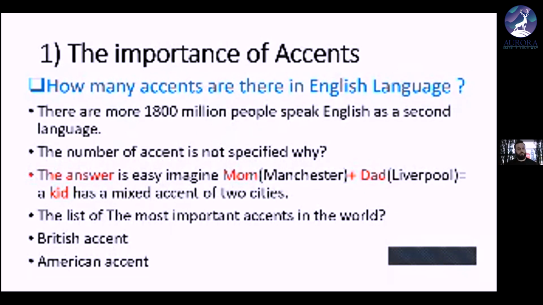What else? The list of the most important accents in the world. If I think about which accent is important, let me think about the list of the accents in the world, in the English language, of course. See it, it's here. Number 1, British accent. 2, American accent. Do we have another accent?